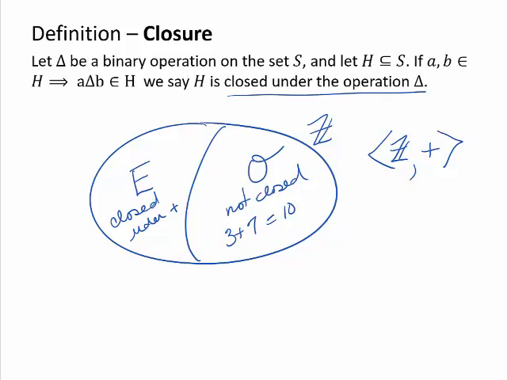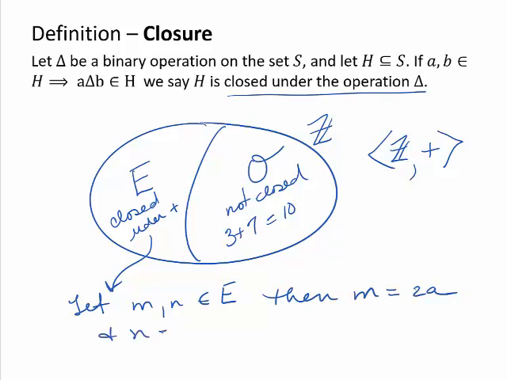If you wanted to prove that E is closed, then you have to do it in general, because you're saying that the set is closed under addition, regardless of which two elements you pick. So one example doesn't do anything for you. But you could say, well, let m and n be in E. Then m is equal to 2 times a for some integer a, and n is equal to 2 times b for some integer b.